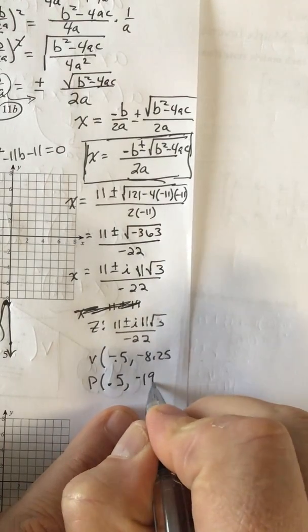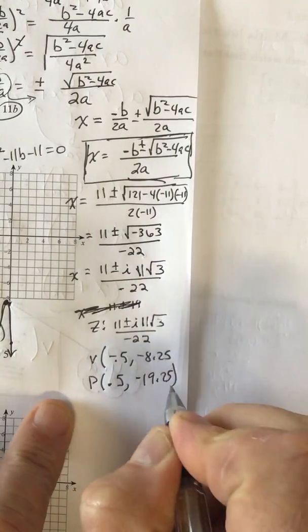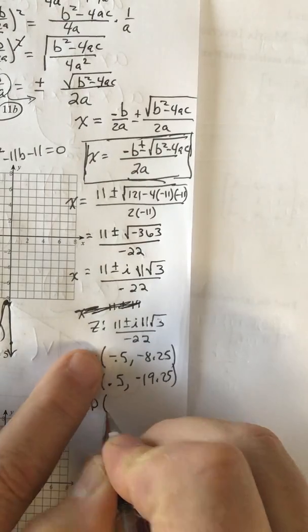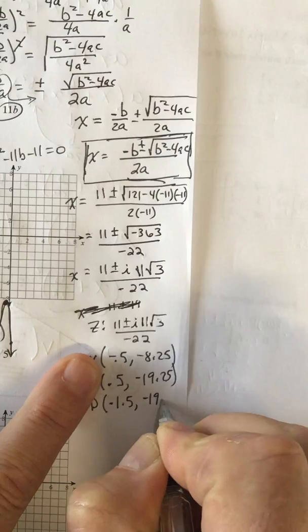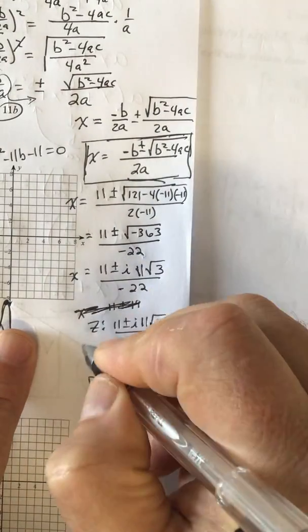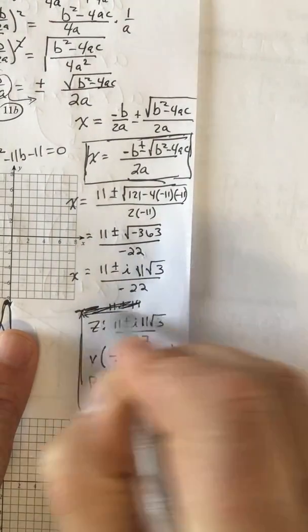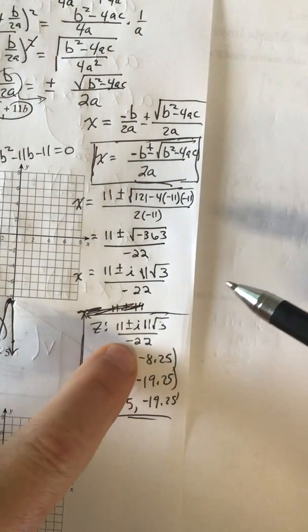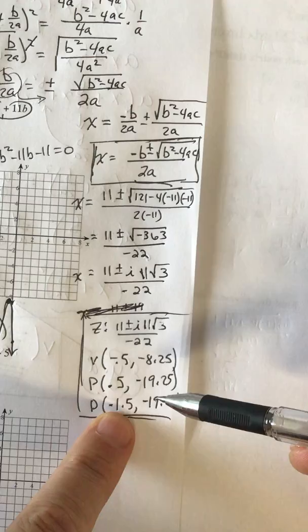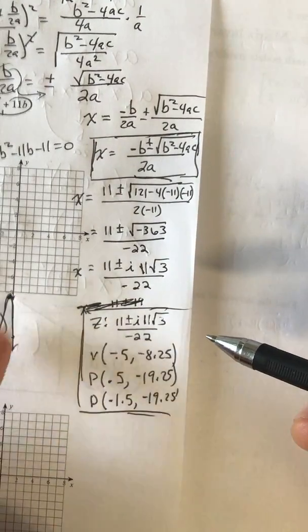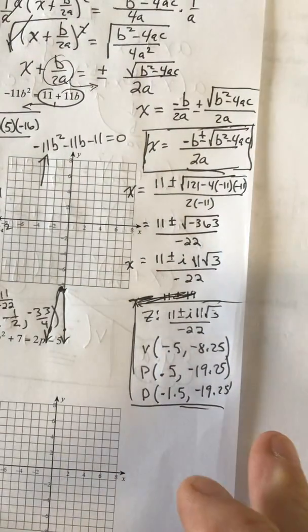So it'll be at negative 19.25. And the other point, go the other way by 1, and it will also be down 19.25. Here's the answer set that I want to see: those 5 answers. The 2 imaginary zeros, the vertex, and the 2 points, 1 unit to the right and 1 unit to the left of the vertex.